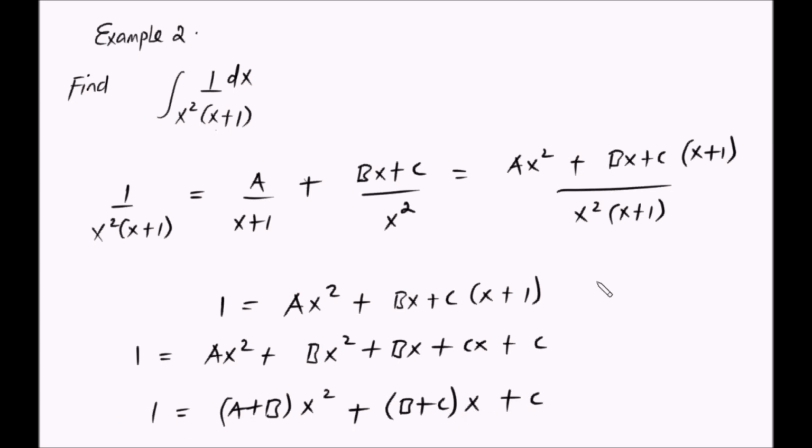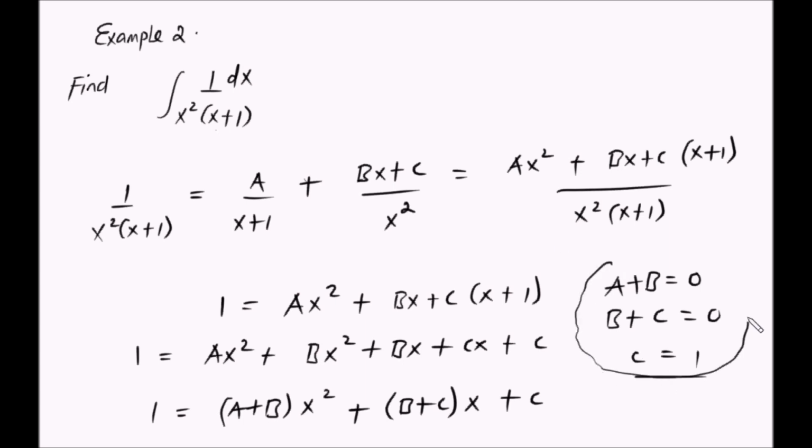So here we have no x squared, so a plus b is what? 0. Here we also have no x, so b plus c is 0. But here we have one constant and here the constant is c. So c is what? 1. So I'm going to solve these 3 here to get a, b and c. By the way, I already have c anyway.